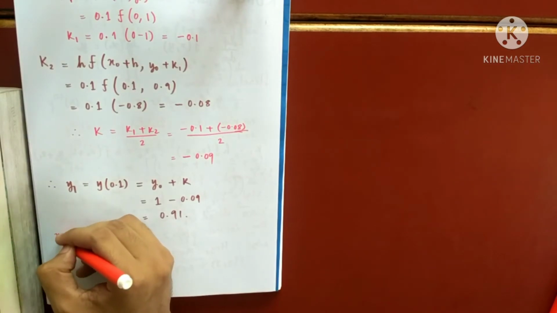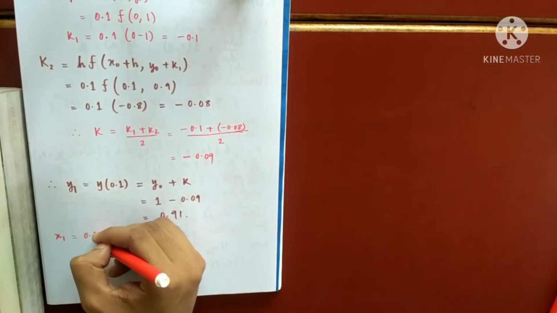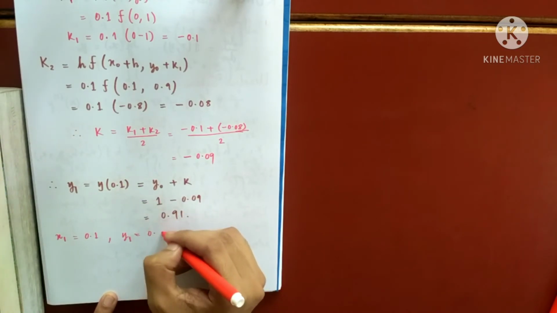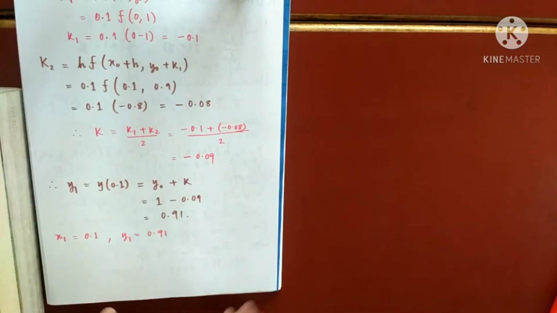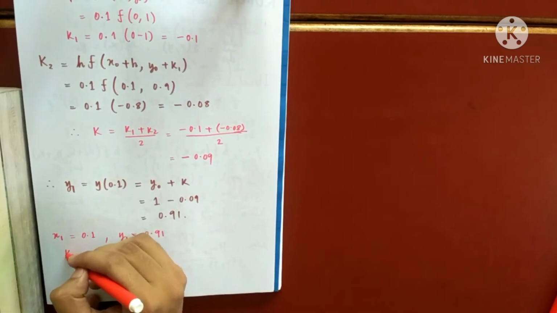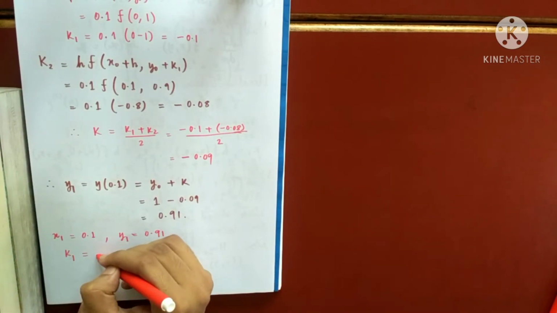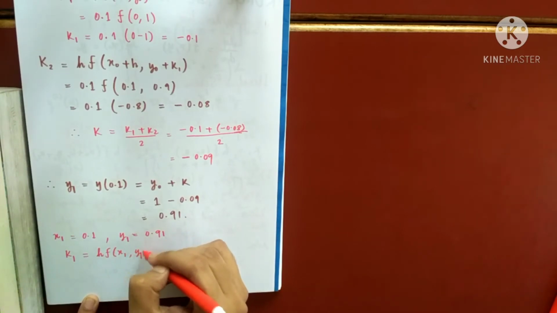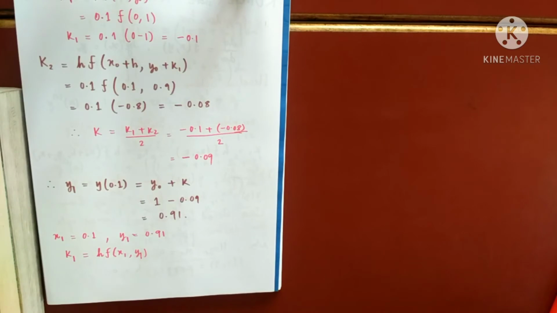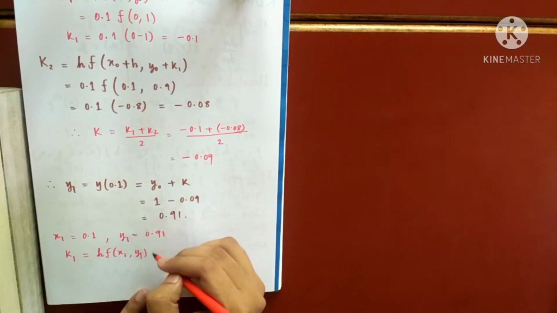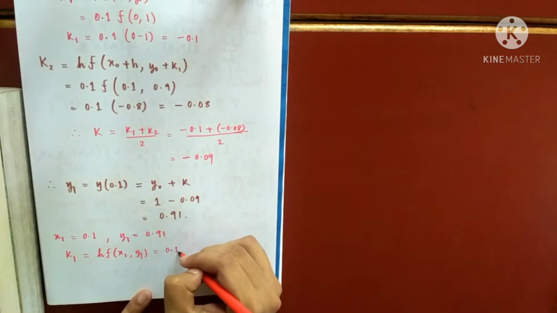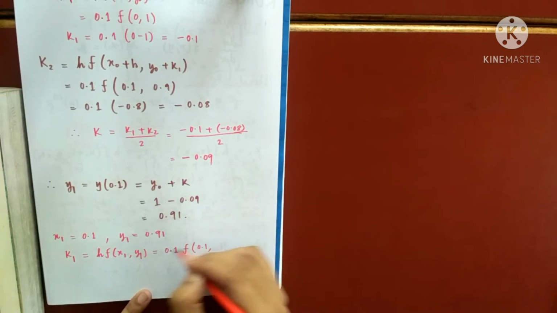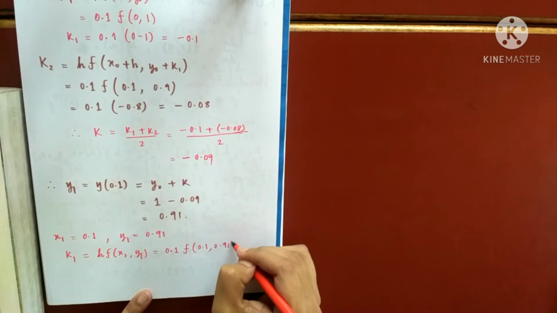Okay, so now we will go for a new iteration. For the new iteration, x1 is 0.1, y1 means y at 0.1, which is 0.91, and the function remains the same. So again find K1. K1 is h times f of x1, y1. h is 0.1, x1 is 0.1, y1 is 0.91.